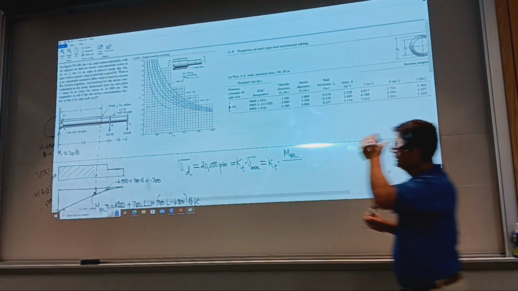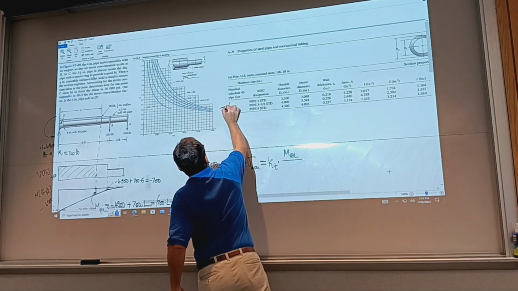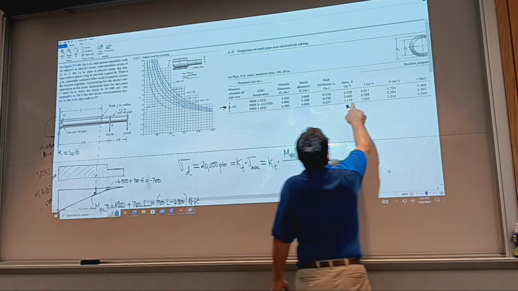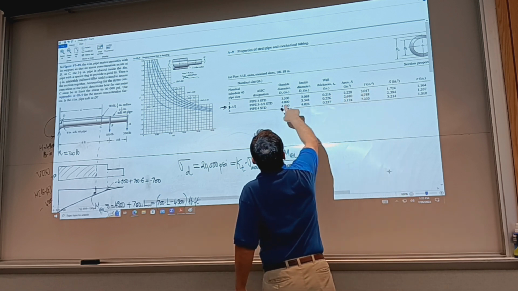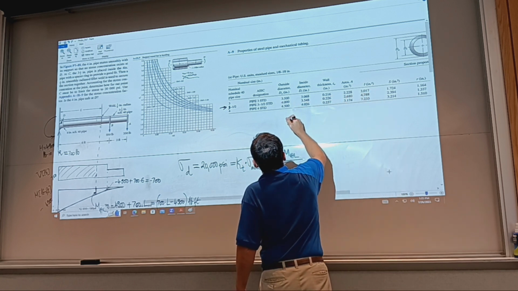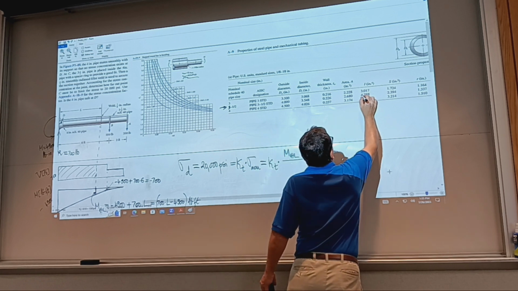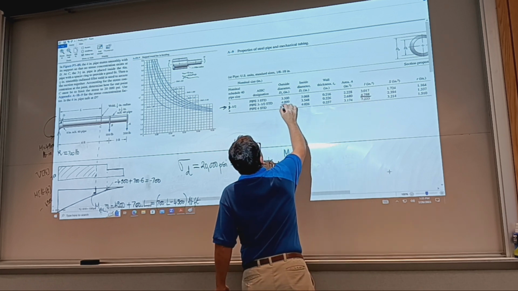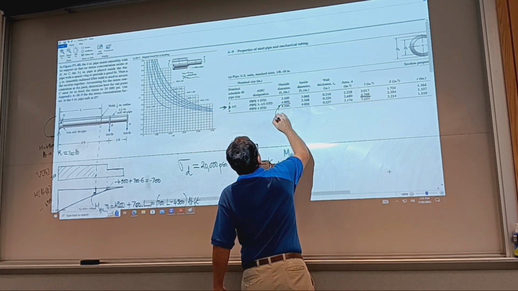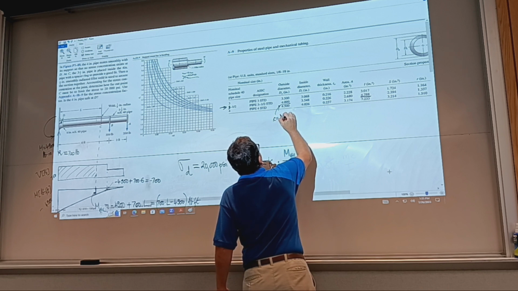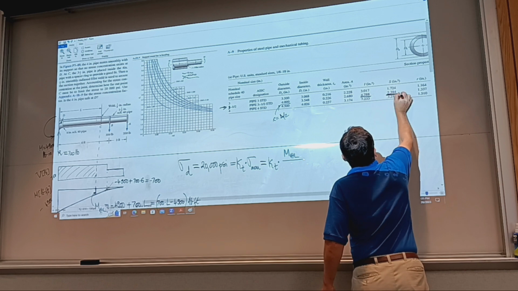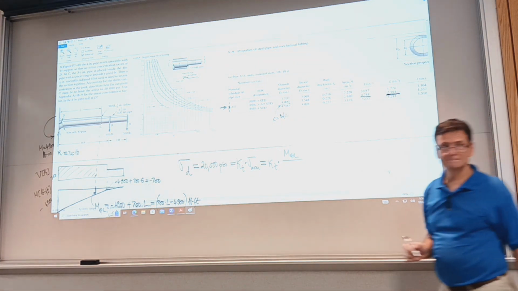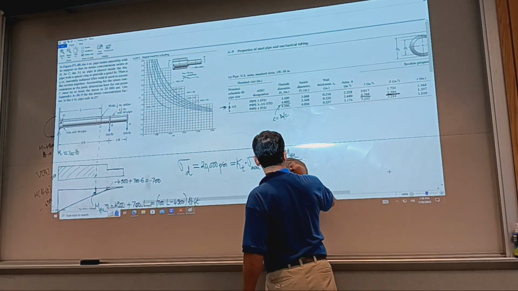So I'm interested in this entry here, and I could use I and half of outer diameter. So I could use I, like I said, with C being outer diameter over 2. Or I can use section modulus. It's more convenient. It's just one number. So over S.